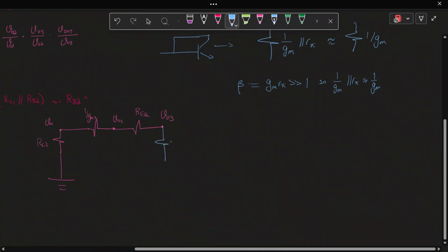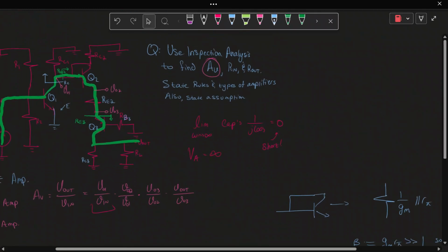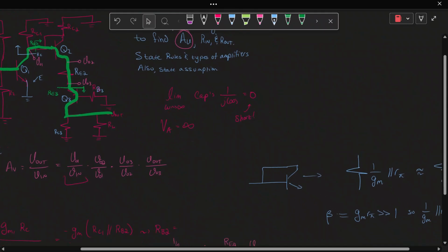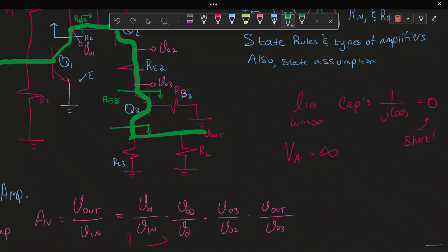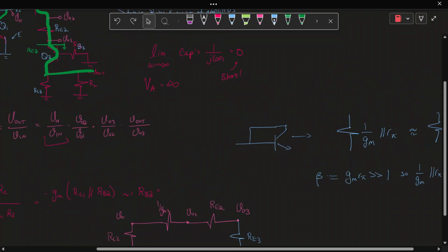And this will be connected to RE3, which is VO3, and then that is connected to RC3 in parallel with RL, because now we're looking here into the collector. Now, we're really only seeing RE3, so we're fine here.